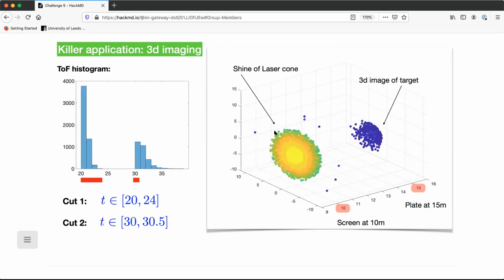You also see this is the screen. In principle, mathematically it was infinite, but because you have to illuminate the scene with the laser, this is basically the cone of the laser light which you see, and that's a reconstruction of the scene. So what you are basically doing now is looking behind the screen, and you can see the object.